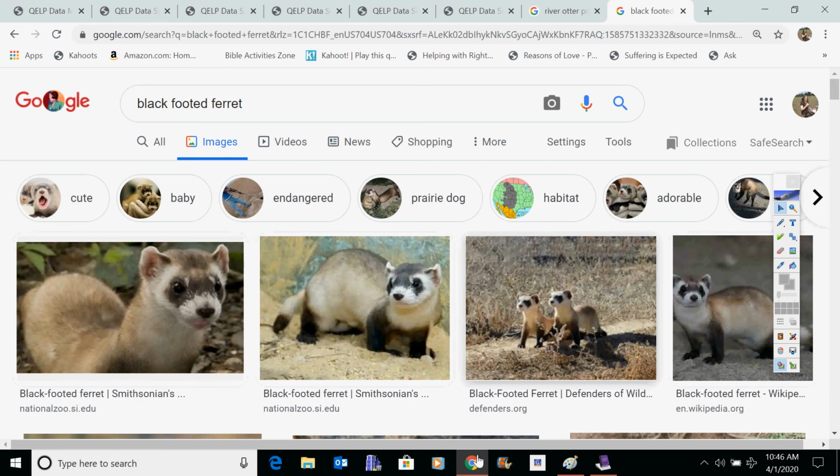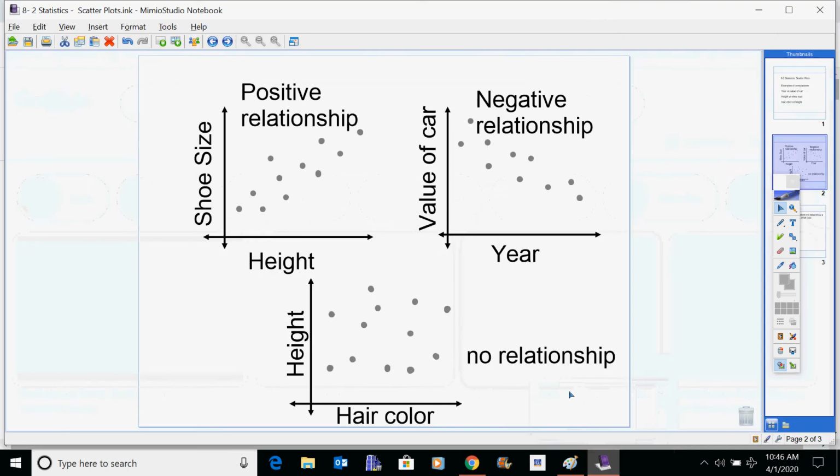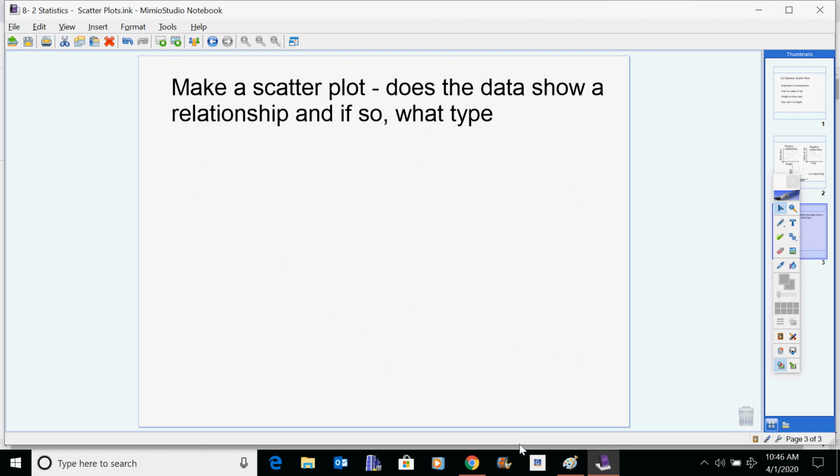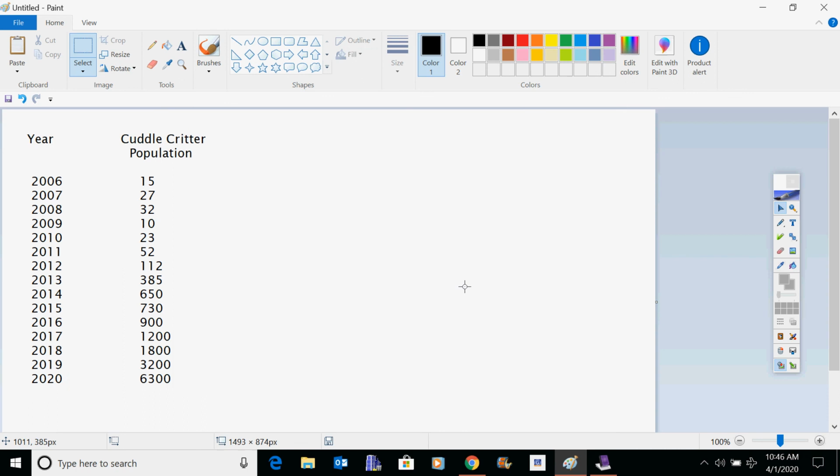And we're going to think about a fictional creature. I made up my fictional creature. I don't have a picture of him, but I decided to call him the cuddle critter, just because I don't have any specific data, and I had spent way too much time looking for the data.